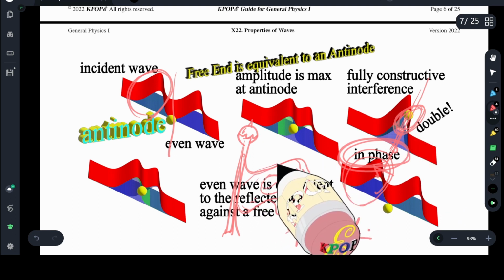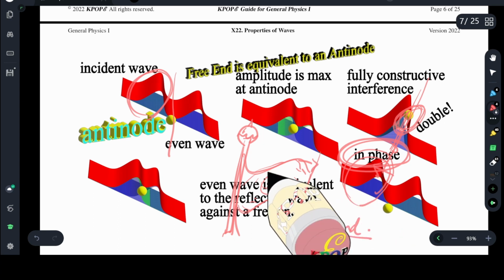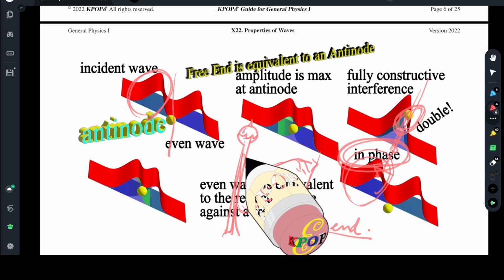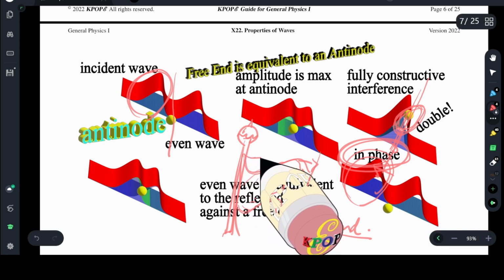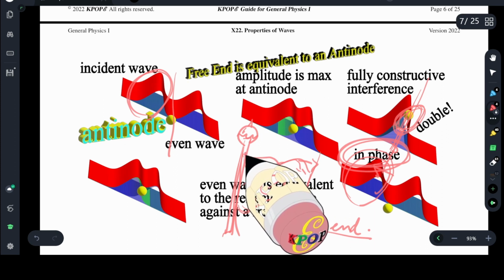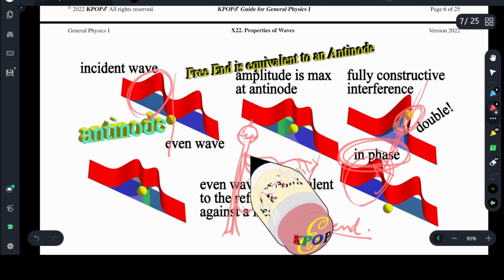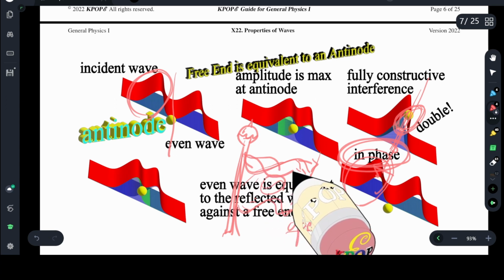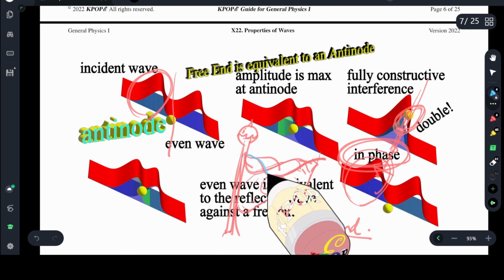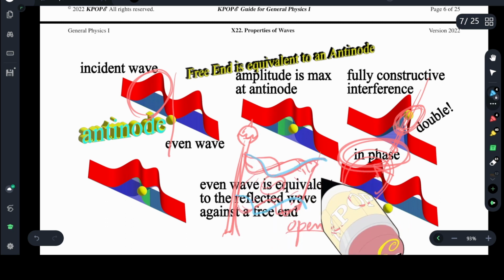So when the wave arrives at the end, this side will be doubled.